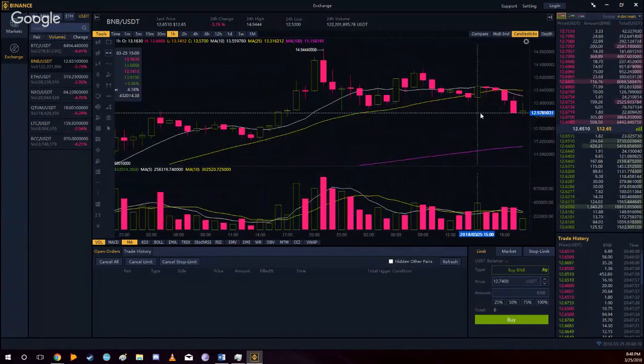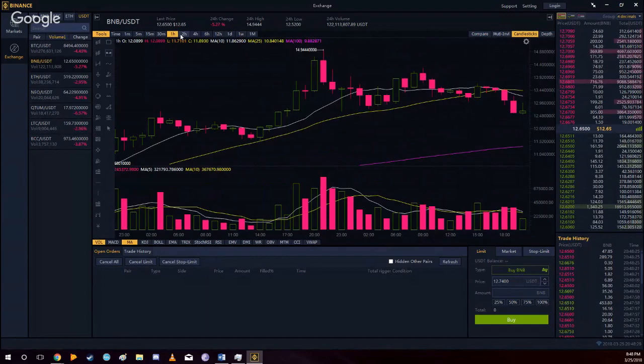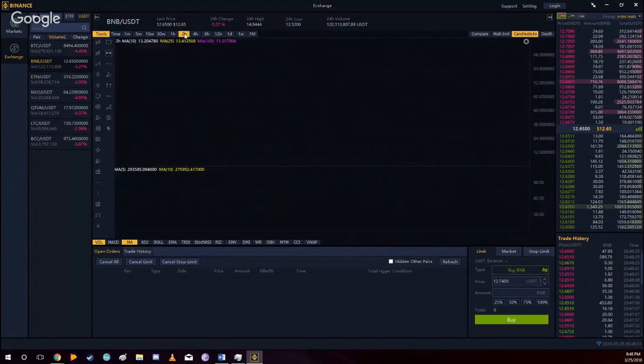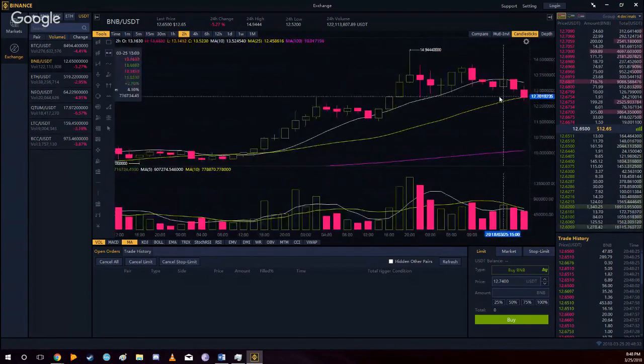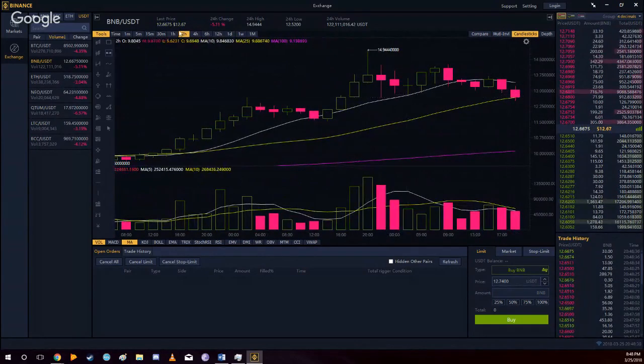True, there's no moving average there that meets it, but there will surely be some on some time frame of the candles. So let's move to 2 hours. And there it is. There is the next support from which it might bounce back.